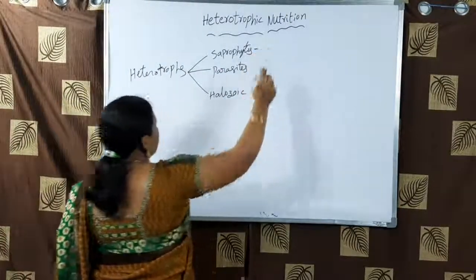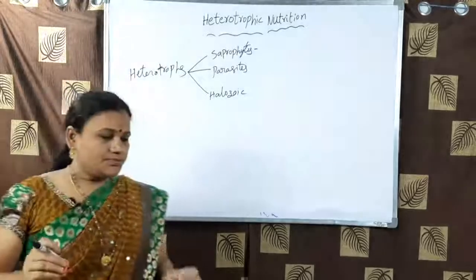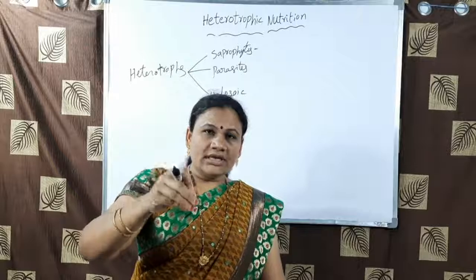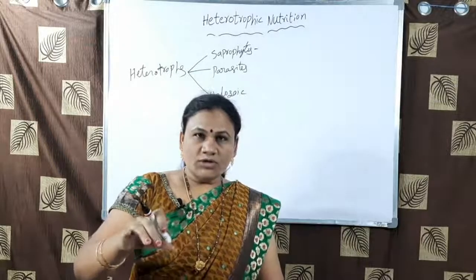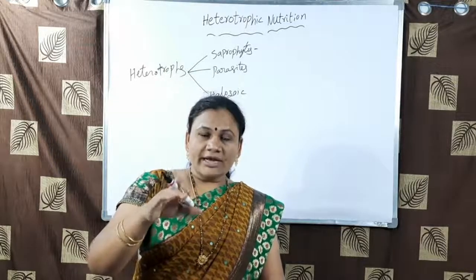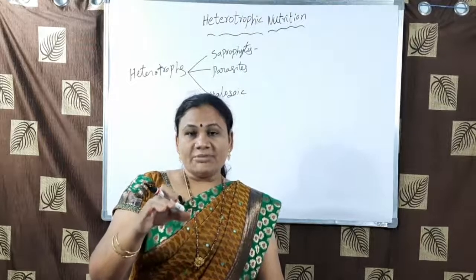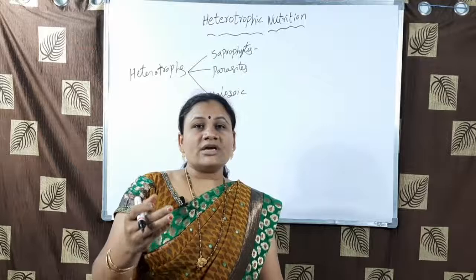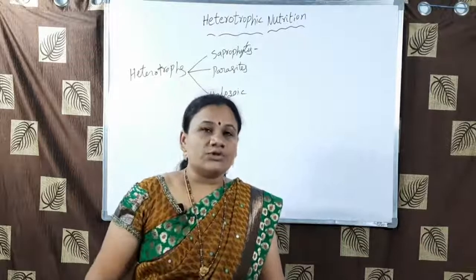These saprophytic organisms, before entering into the body, release some kind of enzymes on the food, and they break down the complex molecules of food and make them simpler. Then only are the organisms able to ingest the food.